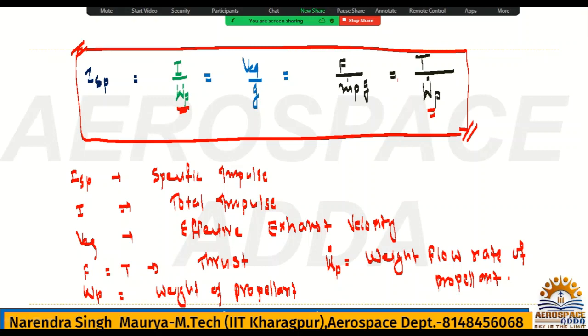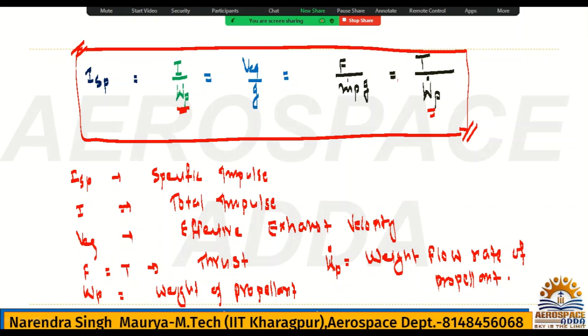So the total dependency of the ISP depends on the parameters already written here. Sometimes a theory question is asked, like what is the dependency of ISP, so you can answer that.